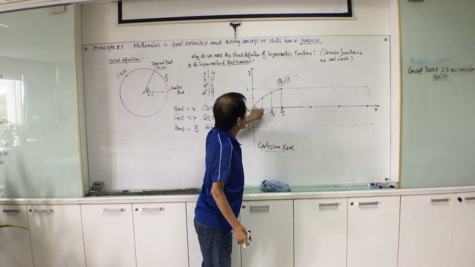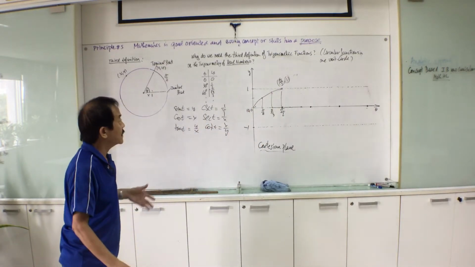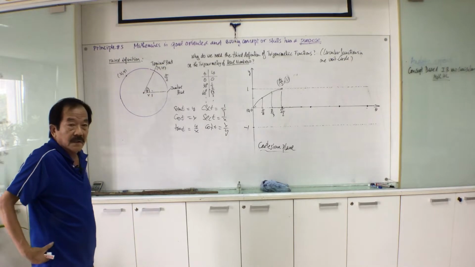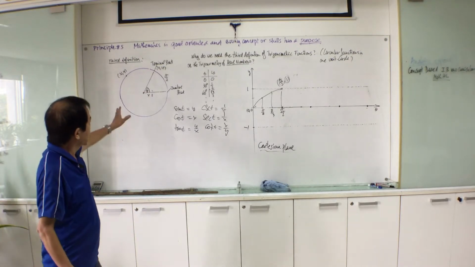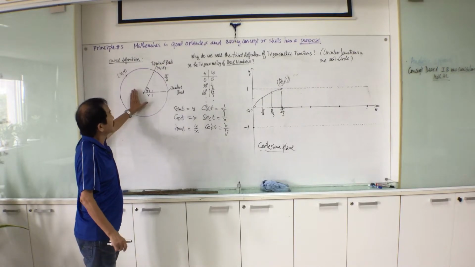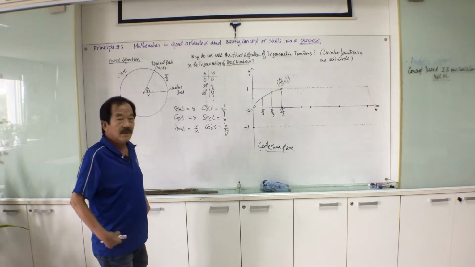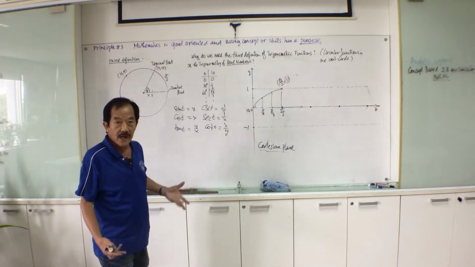But this one is an angle and this one is a number, completely different meanings. So even though this is close, it is still not legitimate. That's why we introduce the third definition of the trigonometric functions, which we call the circular functions, and explain why we need all these things.